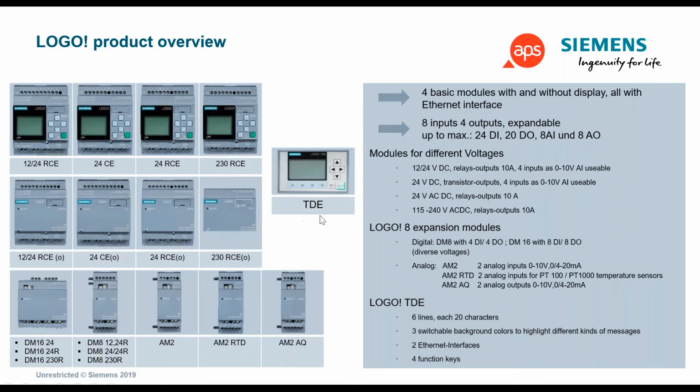The text display over here, which was previously mentioned on the slide, is 6 lines by 20 characters. It also still has 3 colors that we can select, integrated 2-port Ethernet on board, as well as 4 function keys to be used.